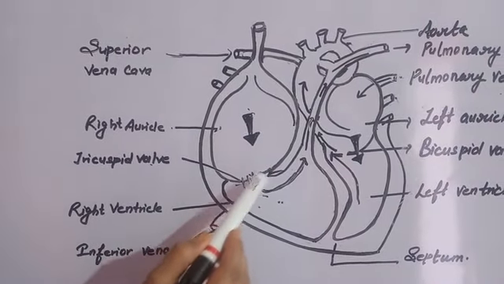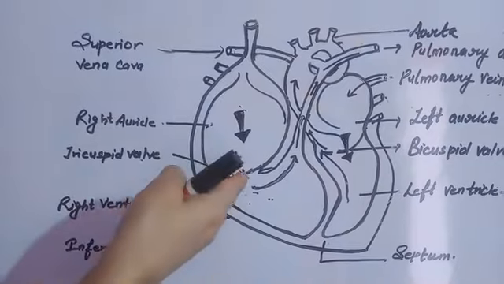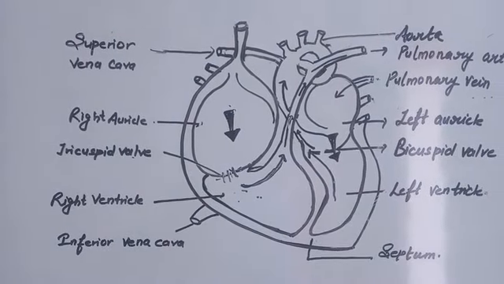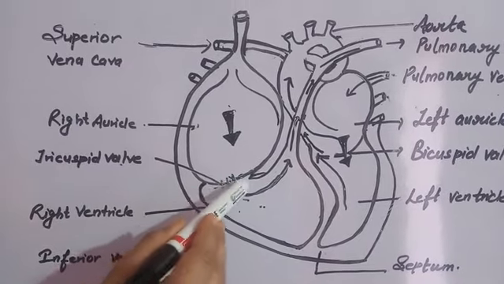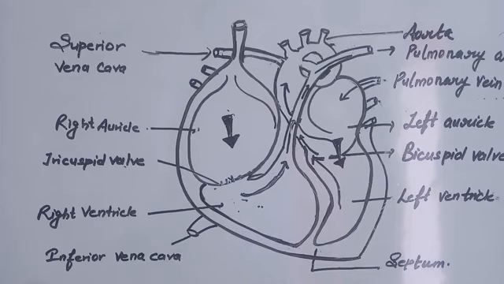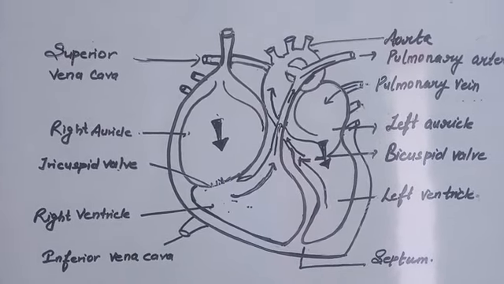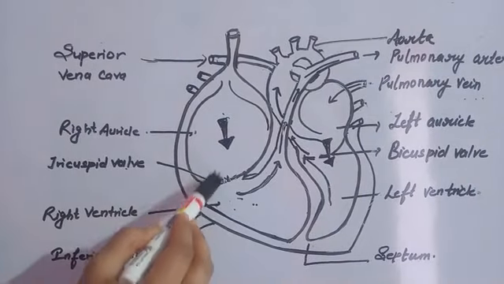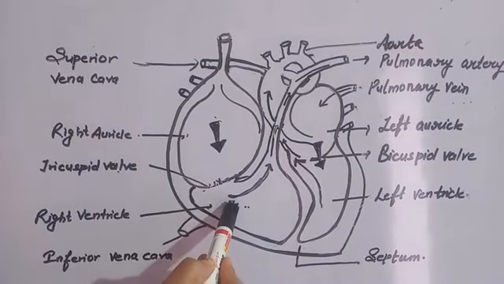When the pressure generates, the tricuspid valve opens. It opens only in a unidirectional way, to stop or minimize the backward flow of blood. That's why it is unidirectional. Then it opens and the blood enters into the right ventricle.